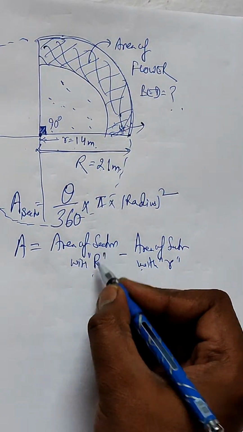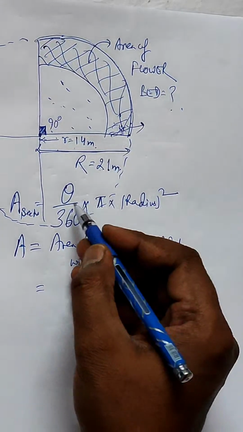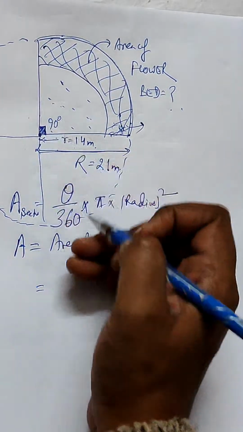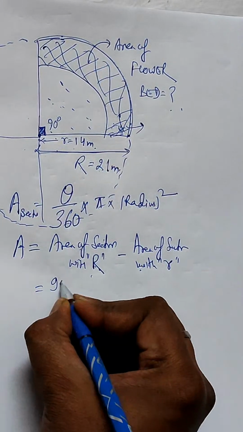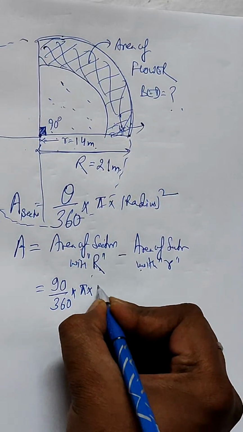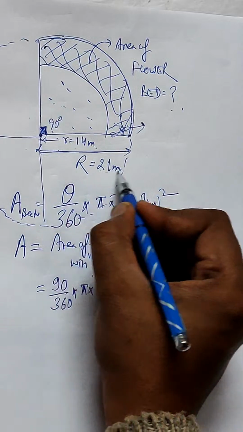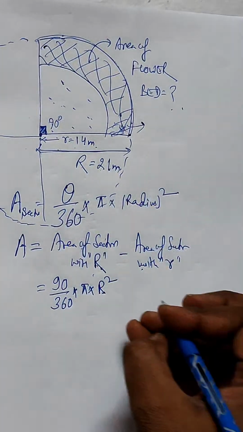And what is the formula of the area of the sector with bigger R? That is theta by 360. Theta is 90 degrees over here. So it will be 90 by 360 into pi into R squared. Mind it, this is capital R, which is 21.